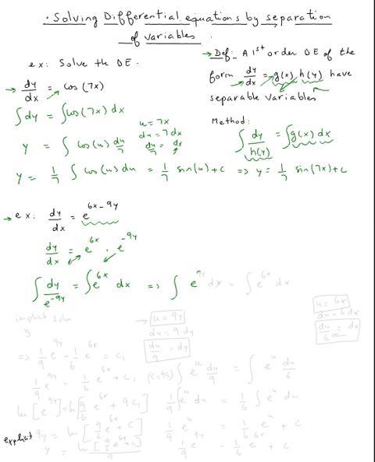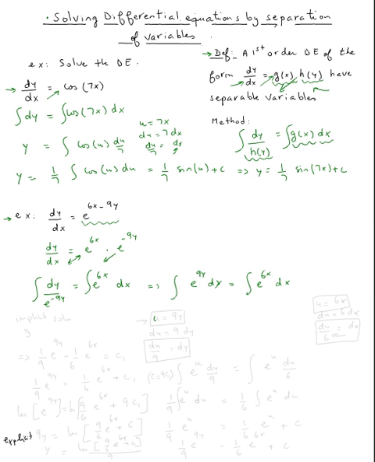Now I'm just going to move e to the negative 9y to the numerator. So that would be e to the 9y dy is equal to the integral of e to the 6x dx. By the way, those are easy integrals; instead of using substitution, you can always just multiply. Well, let's do substitution because I don't want to confuse you.